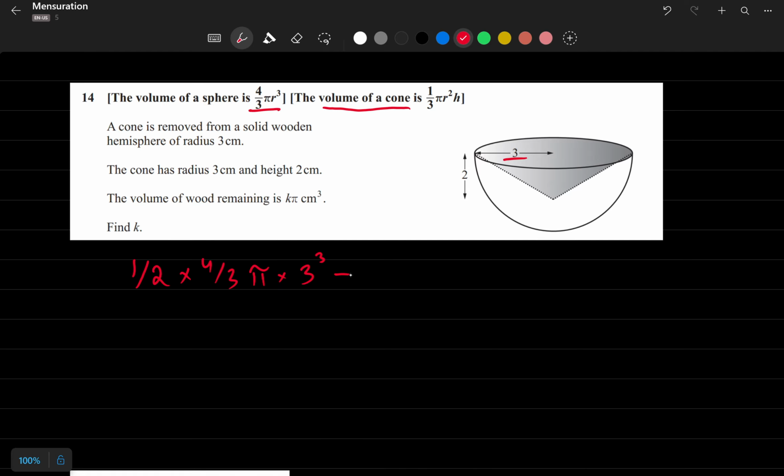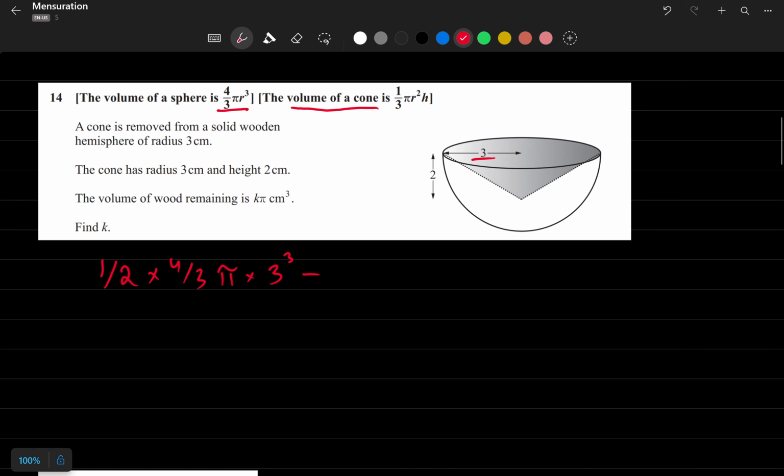Now minus the cone removed from this area. The volume of the cone is 1 by 3 pi r square h, r is again 3, so 3 square multiplied by h, which is the height, and it is 2 centimeters.